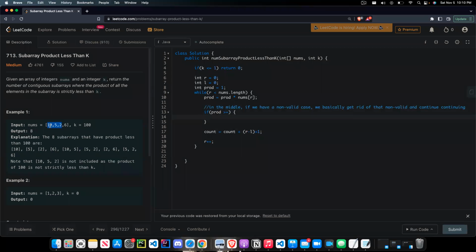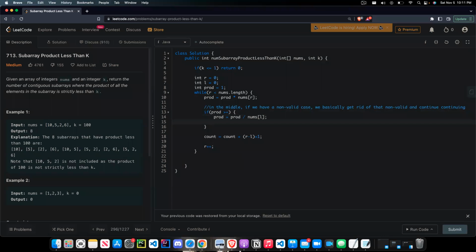So we start the shrinking process from the far left. We say, okay, well, I'm going to remove 10 from the product, right? I'm going to remove a factor of 10 from the product. And then I'm going to move the L pointer up. So what you do is you say prod equals prod divided by nums of what is contained at the left.